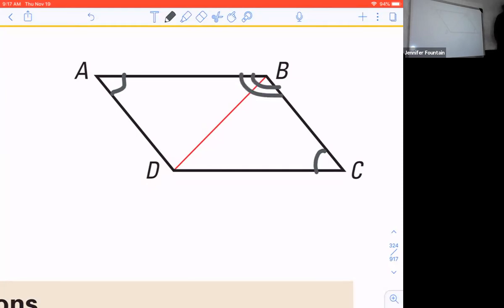I'm going to go ahead and put 2 arcs because they are not the same measure as A and C, but they are the same measure as each other. What do I know about the distance of AB and the distance of DC? They're parallel. They are parallel, okay, but what do I know about their distance? The length of them. Starts with a C. They're congruent, right? So AB and DC are congruent. AD is congruent to BC.